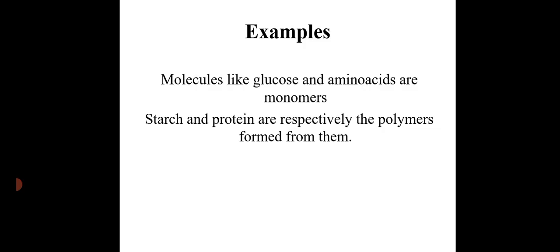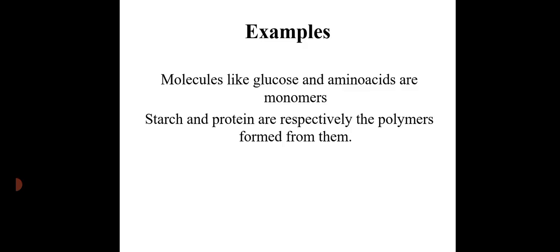Glucose and amino acids are already familiar to you. Then, starch and proteins are respectively the polymers formed from them. So, the polymers formed from them are starch and protein. These are the examples of monomers and polymers.